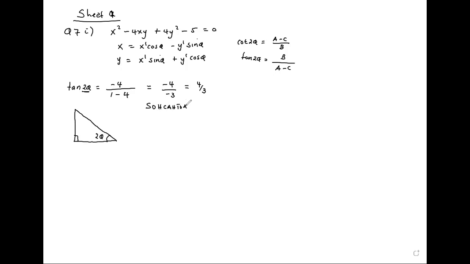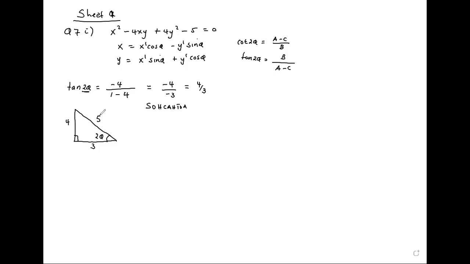Tan is opposite, so it will be 4 over 3 adjacent. To get the hypotenuse, we square these two, add them, and square root. So you get 4 squared plus 3 squared, which is 16 plus 9, which is 25. The square root is 5.